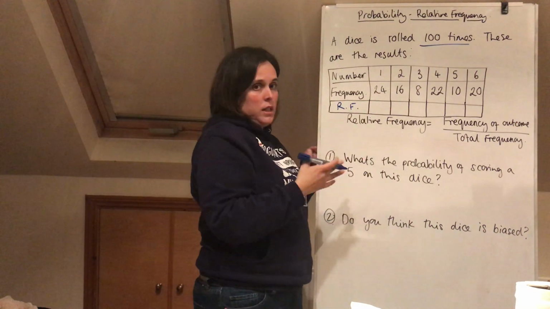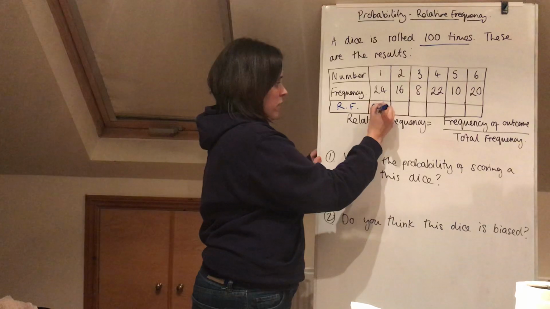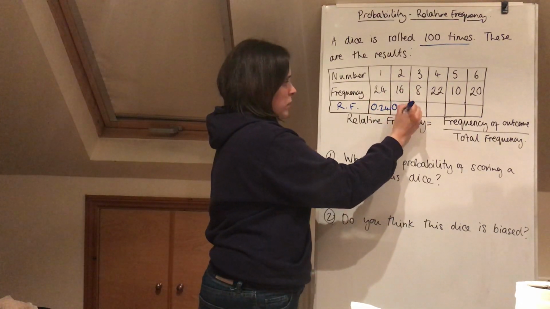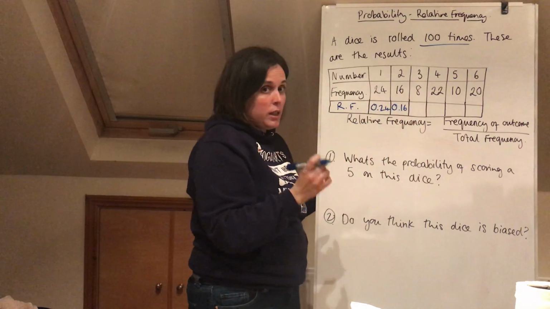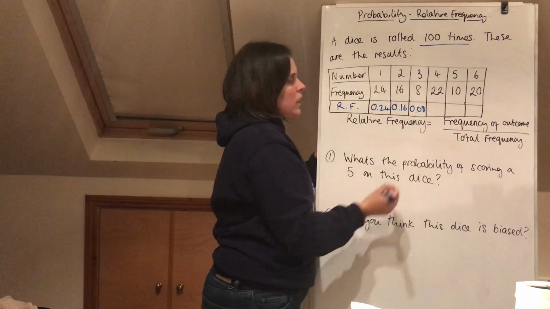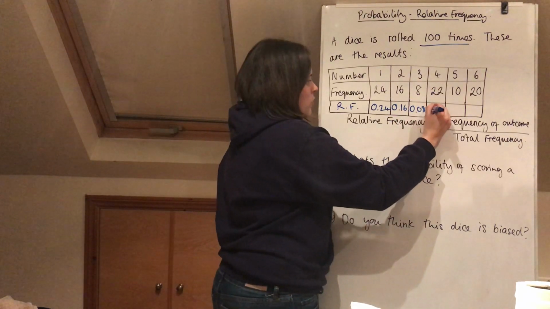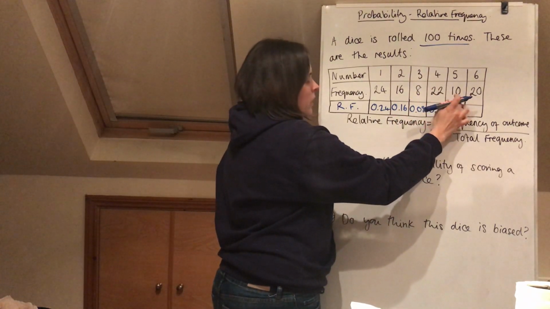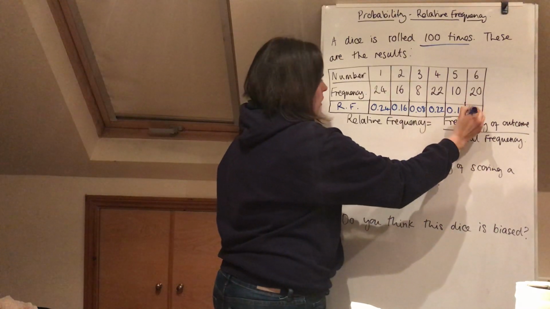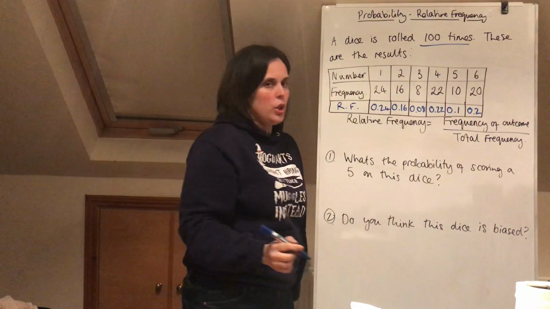The first one, 24 divided by 100 will be 0.24, 16 divided by 100, 0.16, and be careful with this one, 8 divided by 100 will be 0.08, 22 divided by 100, 0.22, 10 divided by 100, 0.1, and 20 divided by 100 will be 0.2.